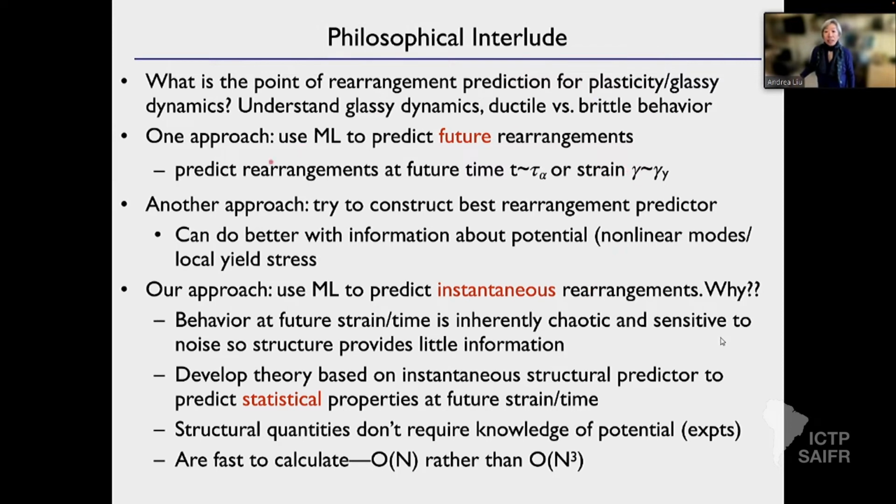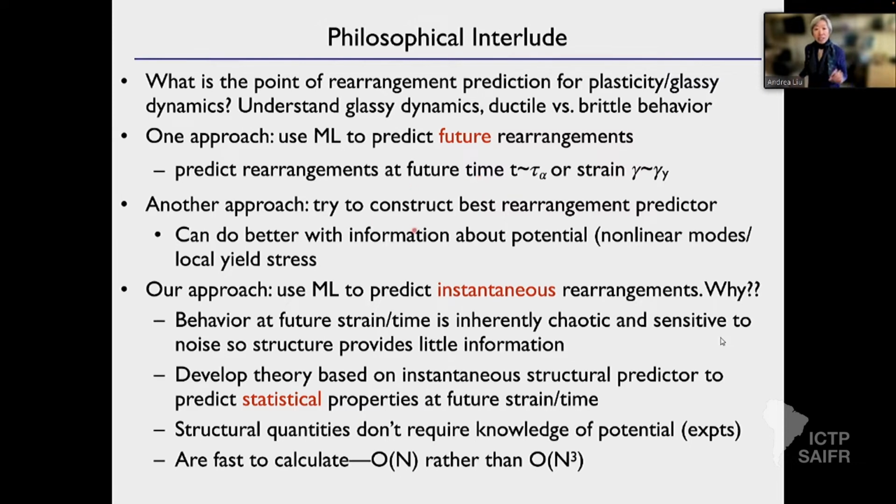But what other people have done since then is to use machine learning to predict future rearrangements. Like, I'm going to look at the system now, and I want to understand what happens a whole relaxation time later. Or if I've strained as far as the yield strain, can I predict, much later, whether this particle is going to rearrange or not? That's a very, very different question.